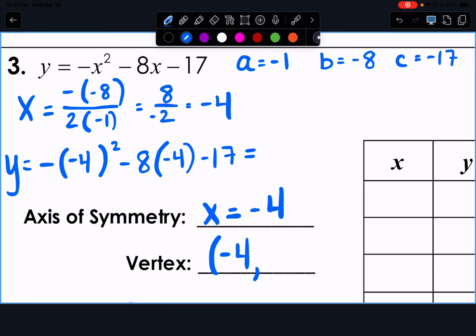Okay? When you do these, your signs can and will mess you up if you are not careful. You have to make sure that when you are plugging in these numbers, you use parentheses just like I do. Using the parentheses like this means that you can use your calculator for basically everything.